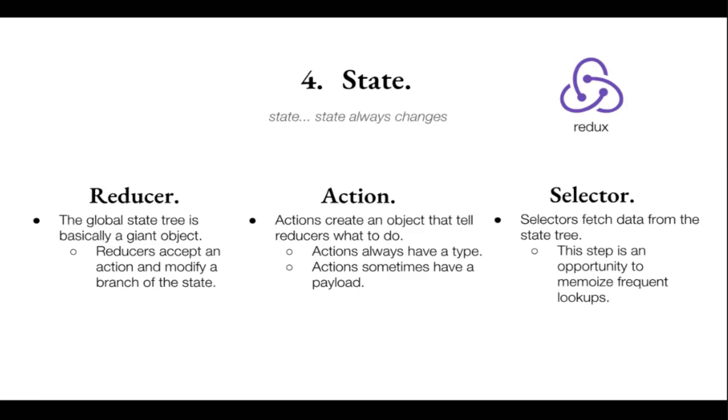So Redux provides global state. Components naturally have local state. They track state for themselves. Any children they can pass state to. But if you want to go up, that becomes very difficult.